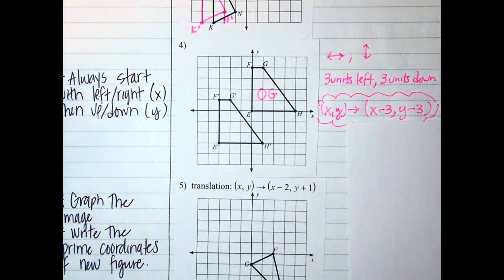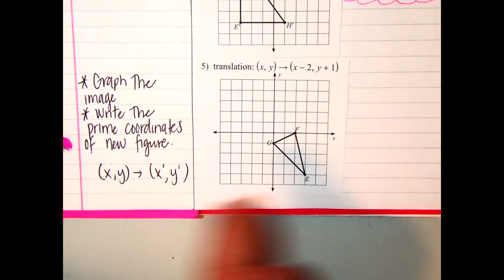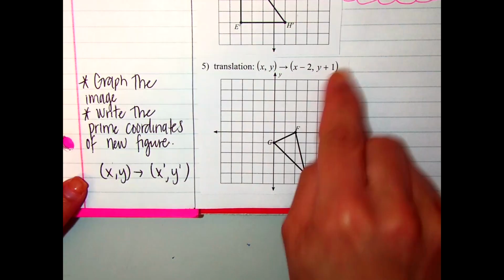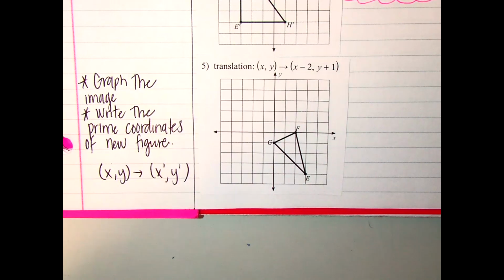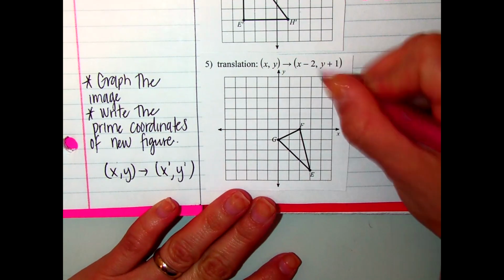Now our last one, we want to take this transformation and translate our triangle by using these directions. So again, please write your directions in English so that you know with words what's happening. Remember, your first one's always left-right, your second one is always up-down.